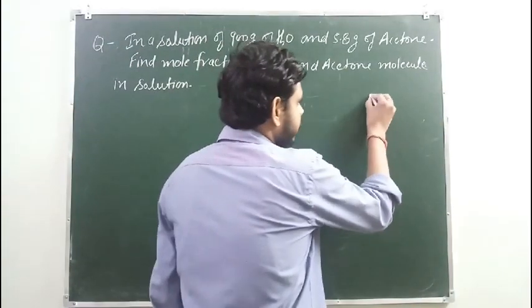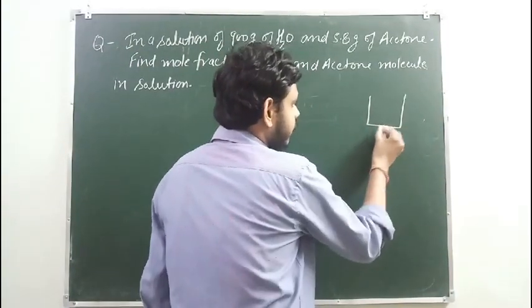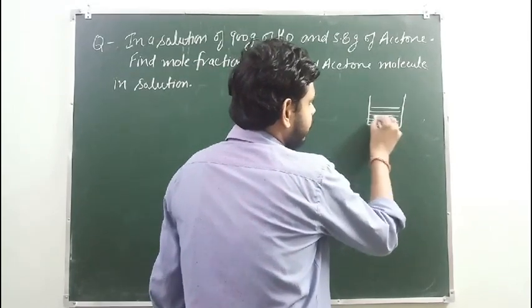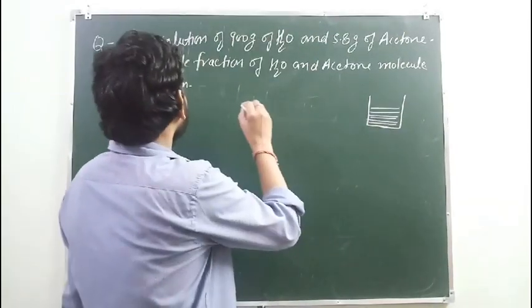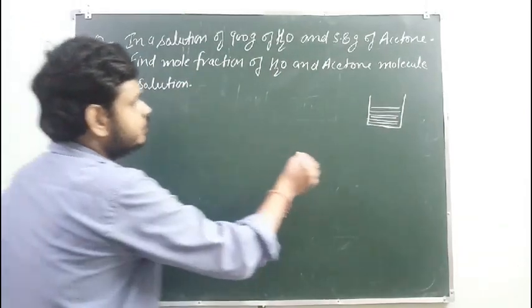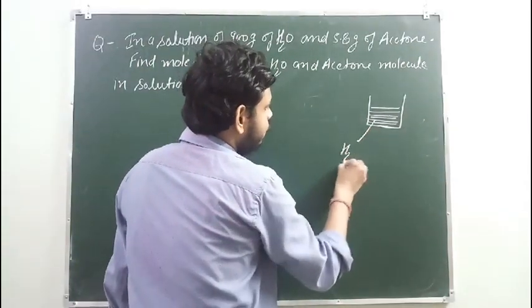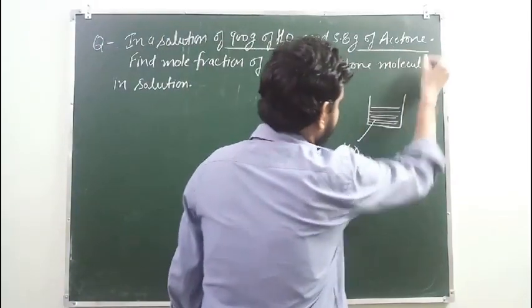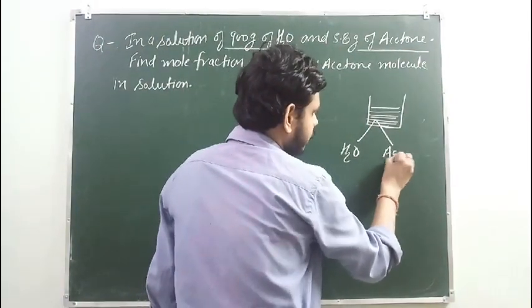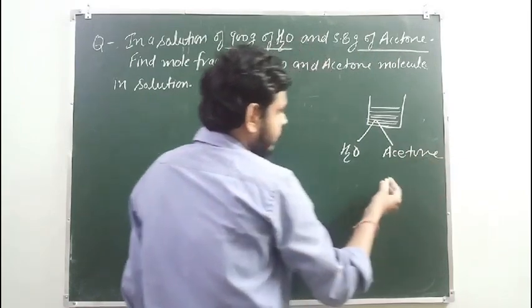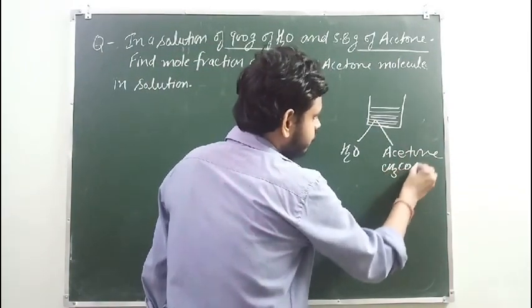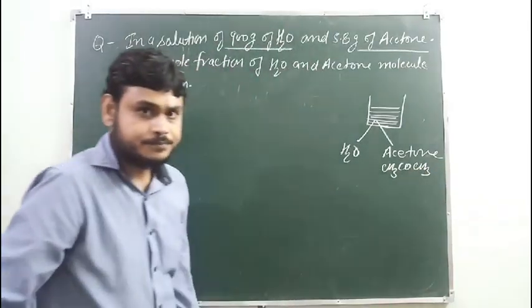Suppose it is a beaker and it is a solution of H2O and acetone, and the formula of acetone is CH3COCH3. Clear?